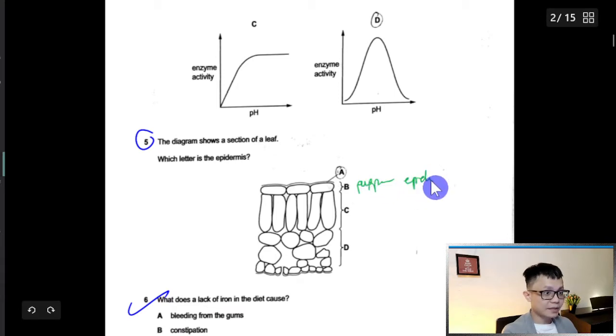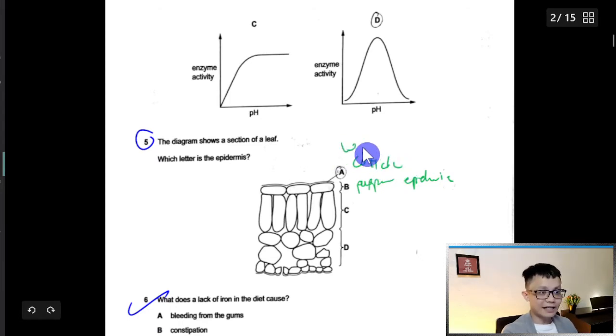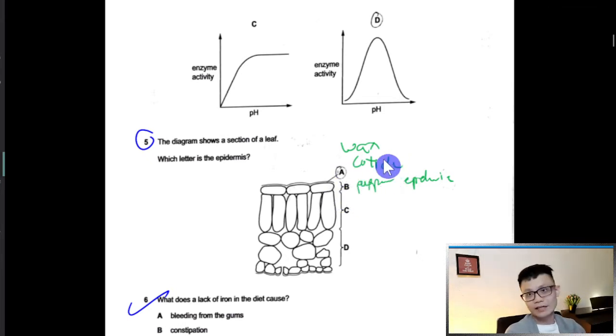And A is actually the cuticle, the wax layer that prevents water from entering, like wax. When you see a water drop on the leaf, the water doesn't really get absorbed by the leaf. It will just stay on top of the leaf.